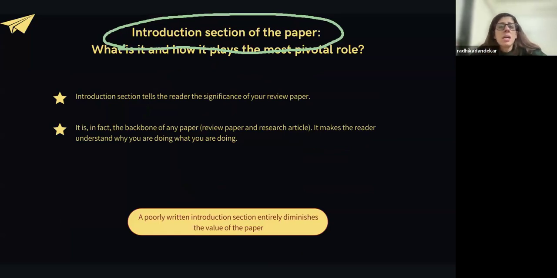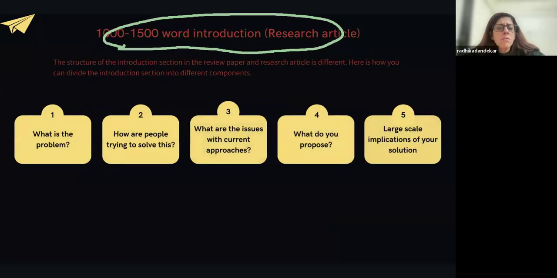It is basically a 1,000 to 1,500 word essay which completely focuses on what new results you are talking about and what you have done. For your ease of understanding, we have broken down the introduction section into 5 parts. Like the abstract, we want you to go in a very structured way when you're writing an introduction, because a 1,000 word essay can be a bit overwhelming when somebody is asked to write it.